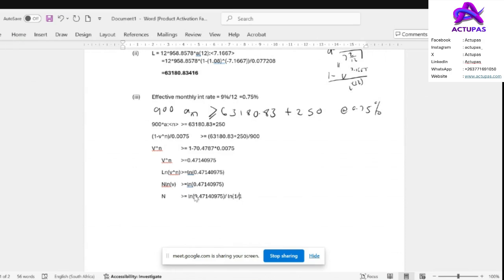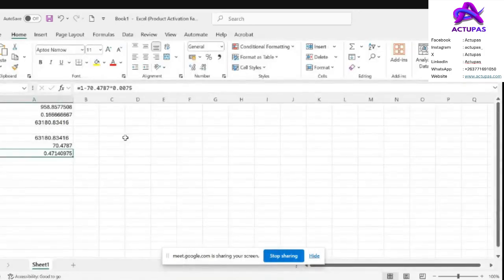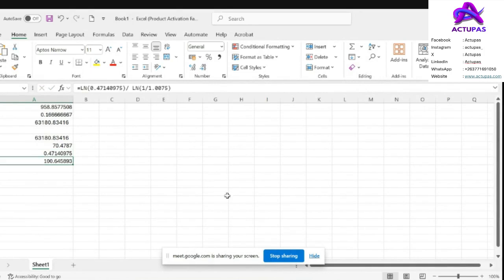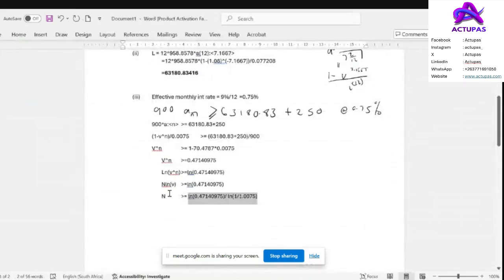1 plus i is 1.0075 to the power 1. So it will be like this. And if I copy this, put it here, this is equal to that, we get 100.646 months.